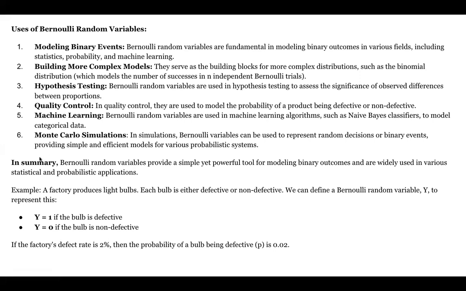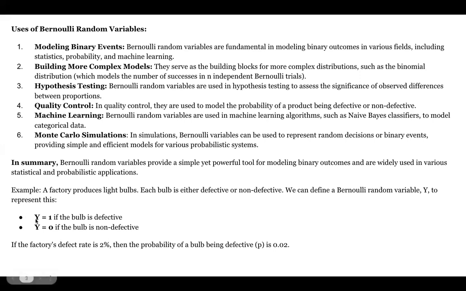So now we know what a Bernoulli random variable is, a variable which can randomly assume either 0 or 1. Let's say the probability of 0 is 0.25, then the probability of 1 will be 1 minus 0.25, which is 0.75. Which means if the probability of one outcome is 25%, the probability of the other is 75%.